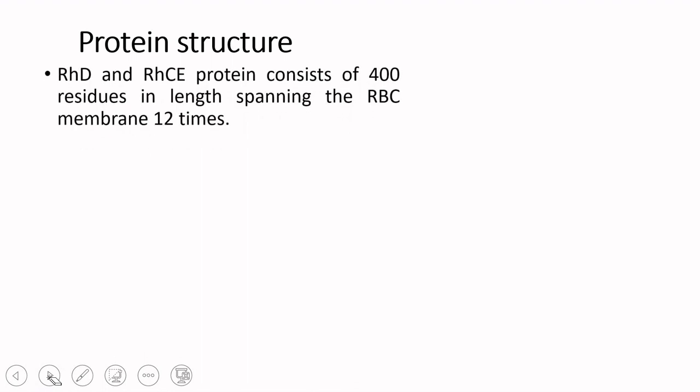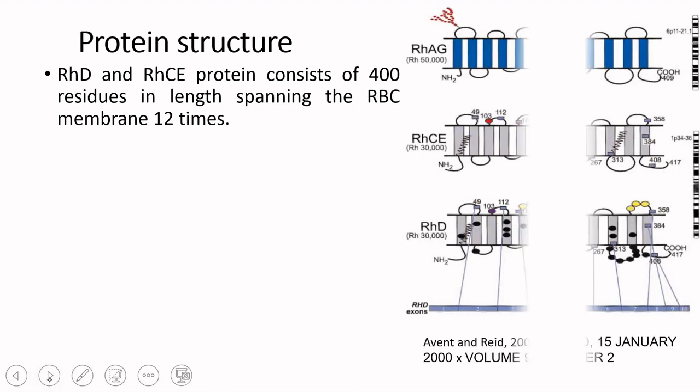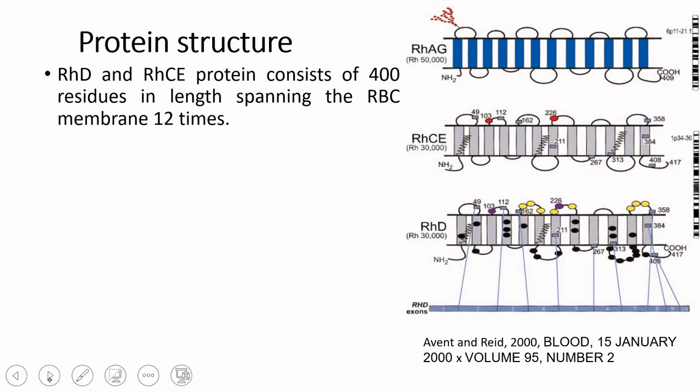Now we'll see what the protein structure of this Rh antigen is. RHD and RHC protein consist of 400 residues in length spanning the RBC membrane 12 times.